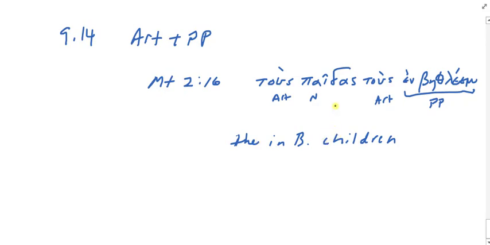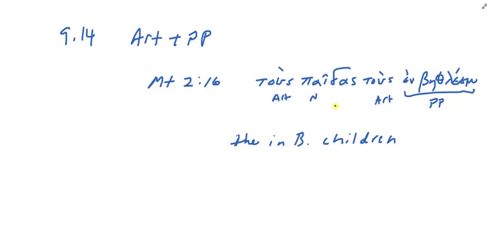Now, why are we making it past tense? Yeah, because killed is past tense. In other words, the context helps you there. Now, if I said something like, hey, I love tous paidas, tous en Bethlehem. How would you translate that? I love the children who are in Bethlehem. Because contextually, I'm talking present tense, okay?